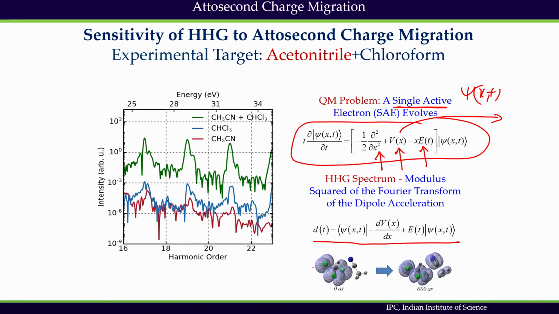Once I remove an electron from here, when the electron is making the journey away and then coming back, during the comeback it does not see this electron density, it is actually seeing this electron density. So, there is a change in potential, and due to this change I have the enhancement in the HHG spectrum.